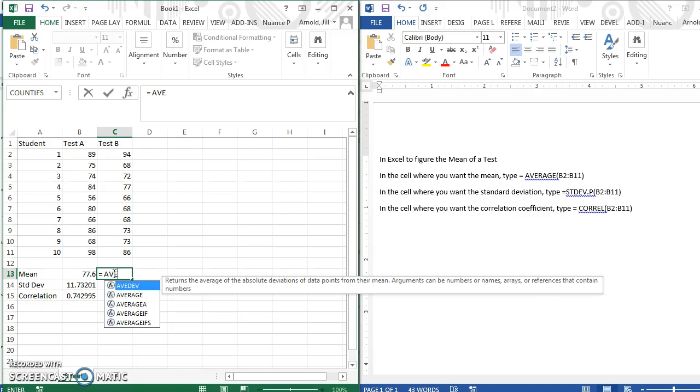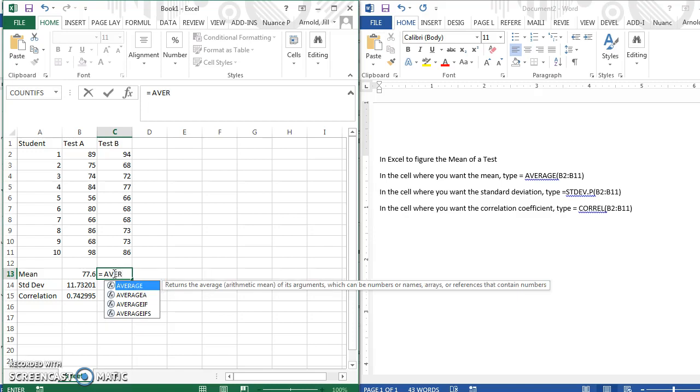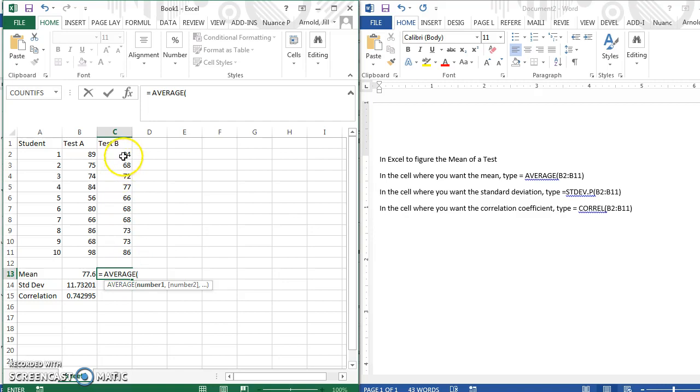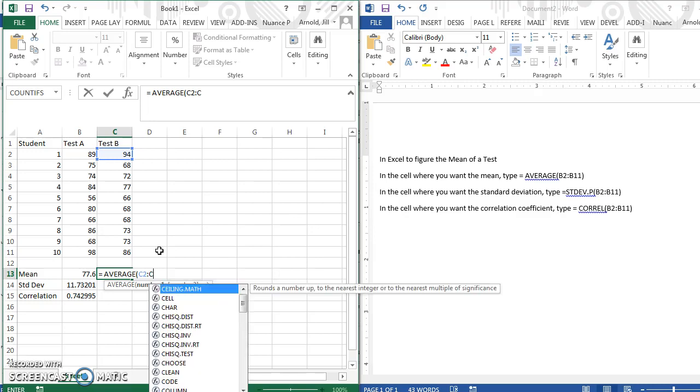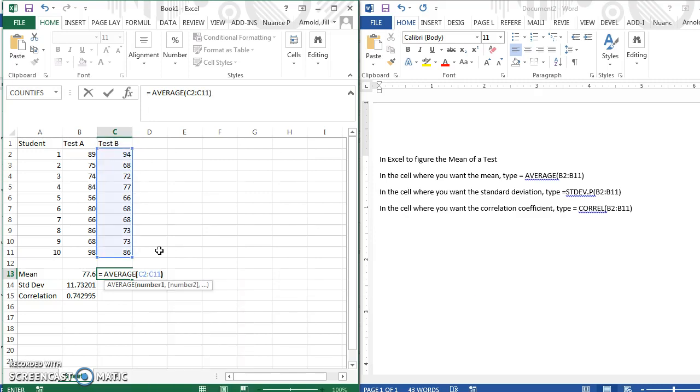Now as you can see on my computer screen, they start coming up with the formula that I need. So I can click on that and then I select the numbers that I want. And so I want this to be test B, so I want C2, and then I'd have a colon there, to C11, and then I'm going to put another parenthesis, and then I'm going to hit the enter key, and it's going to give me my answer.